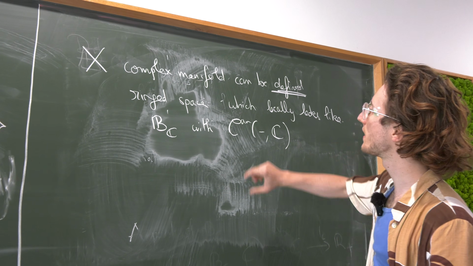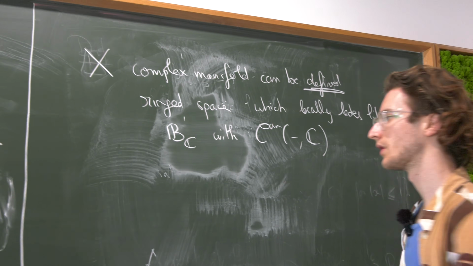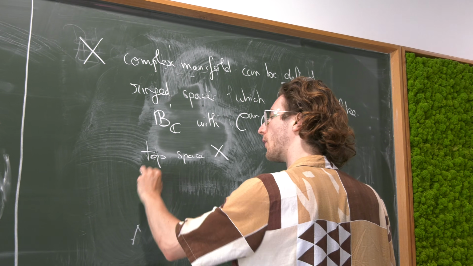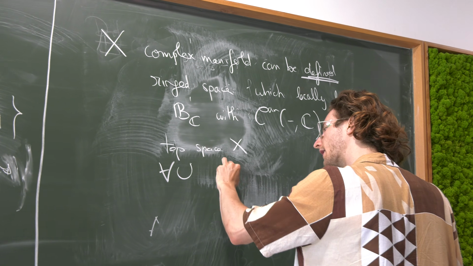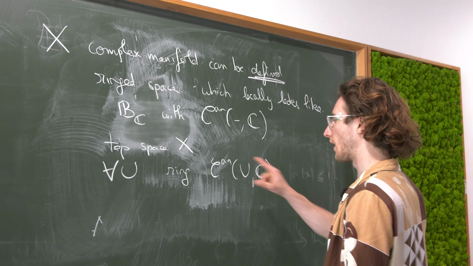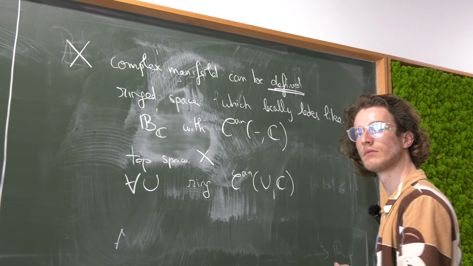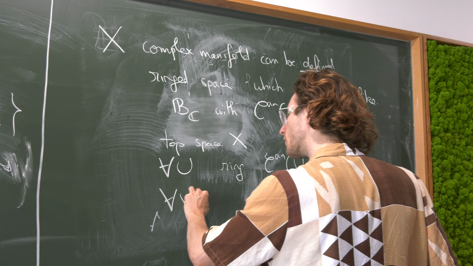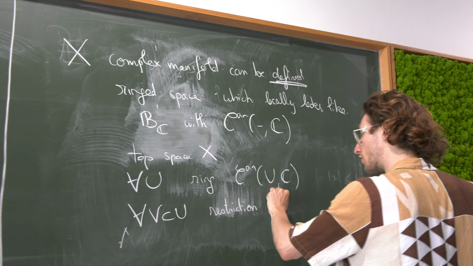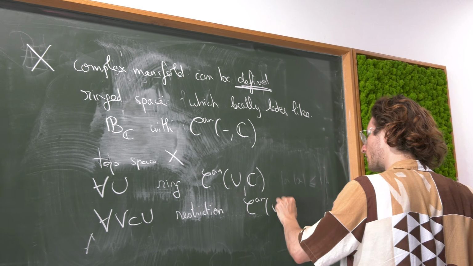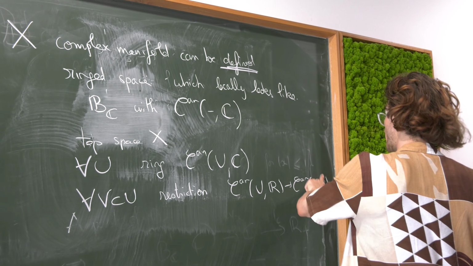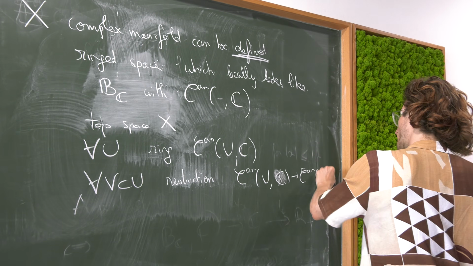So what I mean by that: it's a topological space X. For every open U, I have a ring, which we'll call the analytic functions from U to C. And for every inclusion of opens, I have the restriction map, which goes in the other direction, which is just the restriction of functions.